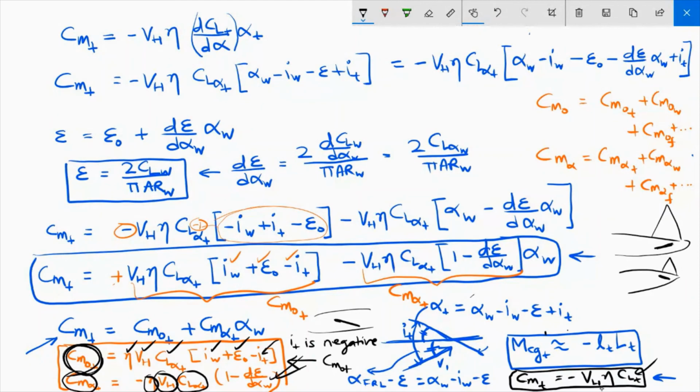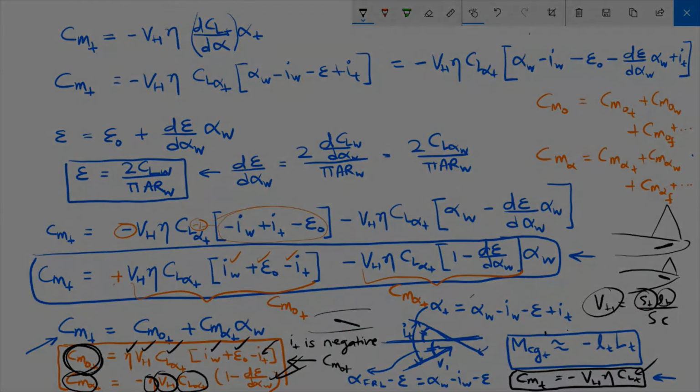But you can really control the value of CM alpha by applying this VH. So VH equals ST LT over SC. So by making the tail area larger, or by increasing the distance between the center of gravity and the tail, you can increase the value of this VH, which will make the aircraft more stable.